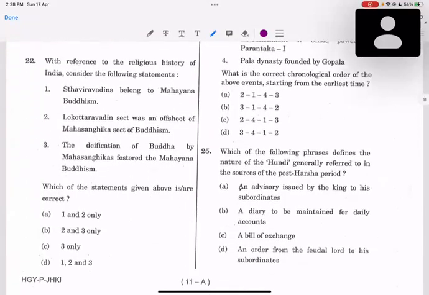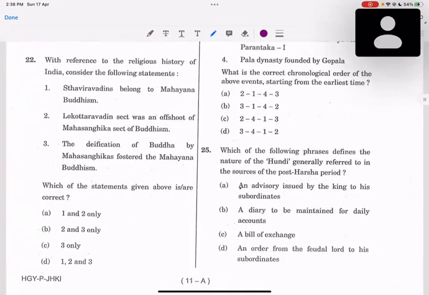All right. With reference to the religious history of India, consider the following statements. What it says: Staviravadins belong to Mahayana Buddhism. Second, the Lokataravadin sect was an offshoot of the Mahasangika sect of Buddhism. Third, deification of Buddha by Mahasangikas fostered Mahayana Buddhism.